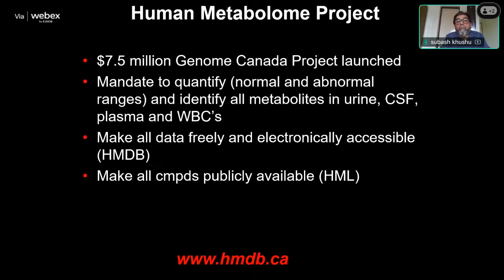So there is a Human Metabolome Project of about 7.5 million, which was undertaken in Canada, and its mandate is to quantify normal and abnormal ranges of all metabolites in urine, CSF, plasma, and red blood cells, and to make this data available to everybody free of cost and electronically accessible to the globe.